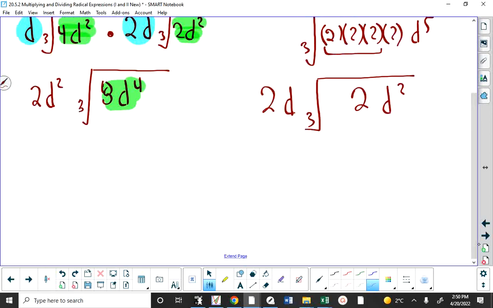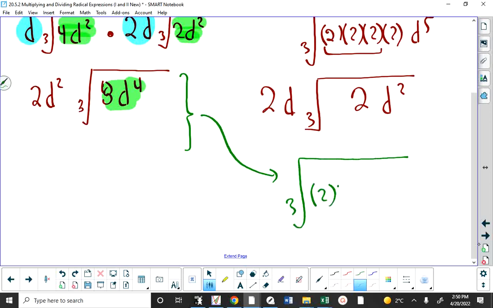So what is the cube root? What is this equal to? It's equal to the cube root of 2 times 2 times 2, that's the 8, times d times d times d times d. I can take out the 3 2's.